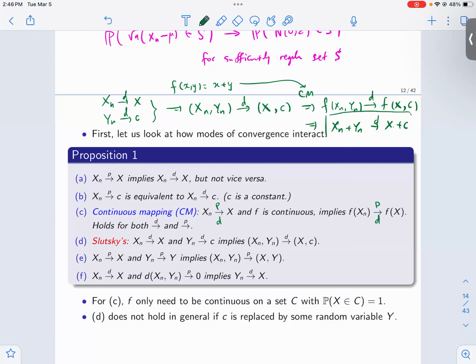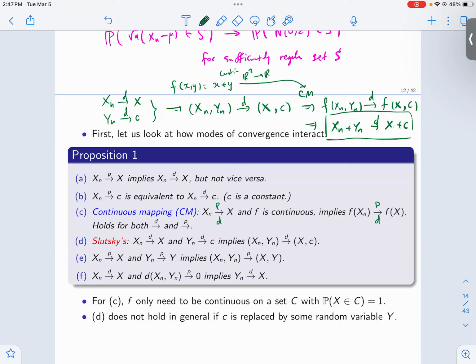So basically, Xn converges to X, Yn converges to c, and then the sum converges to this sum. This is an application of that result combined with continuous mapping on R2, because summation is a continuous mapping from R2 to R.